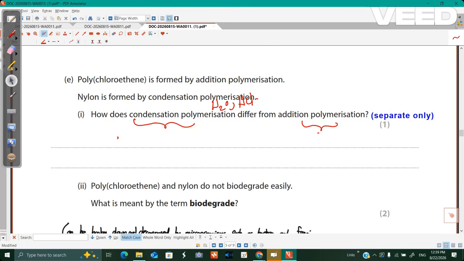So that's in your syllabus. The best answer I would say: a water molecule or HCl is released; no water molecule or HCl is released. Because if you comment on the monomer, even though it is not covered in the O levels, you have to write the correct thing. Even in condensation polymerization, the same monomer can be used.